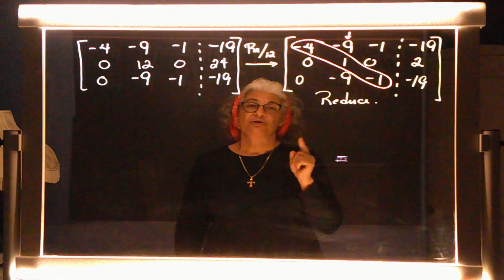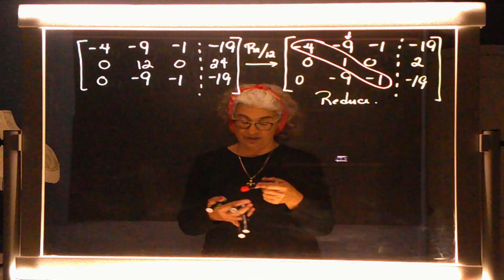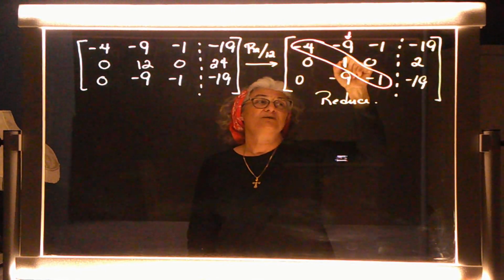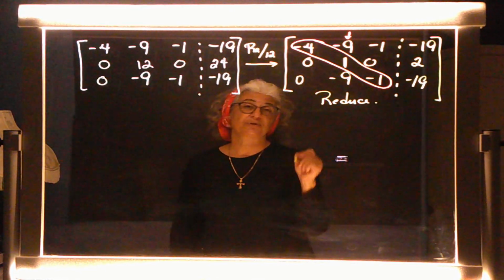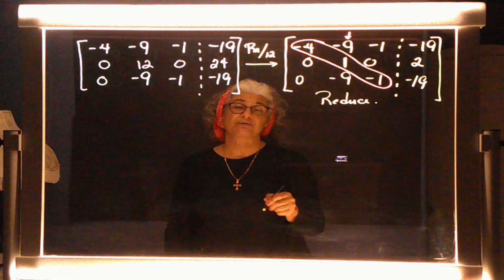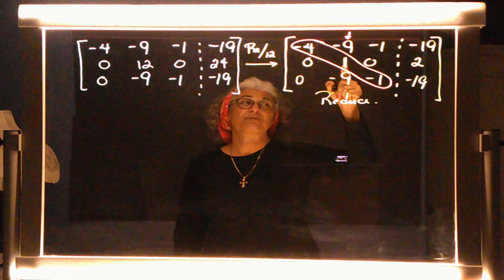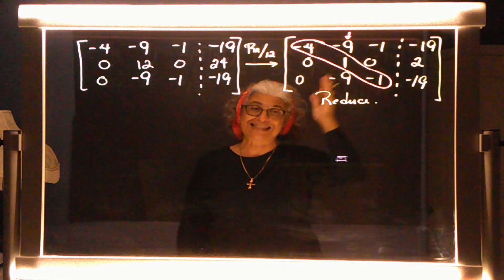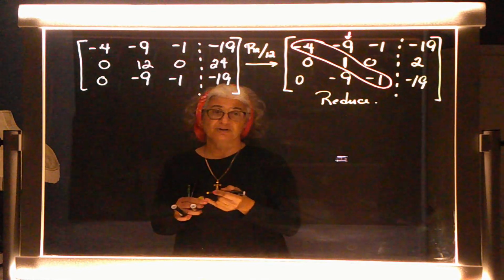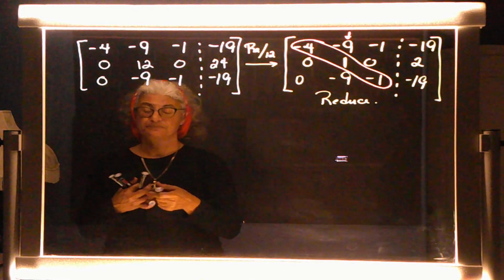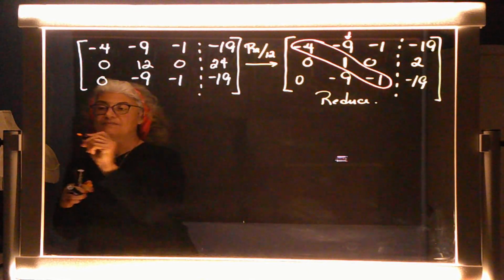But remember, the only number you're allowed to use to get rid of those -9's is the 1, because you're not trying to make the number on the main diagonal 0. You're not trying to do that, which means that's the number I'm going to use to get everybody else in that column to be a 0. With me? Okay, so let's take a look.